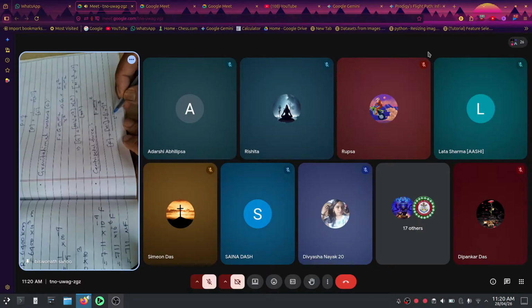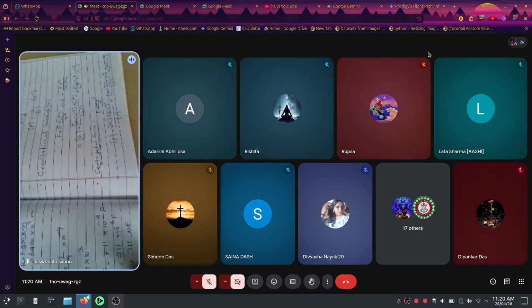Radius is L1. So the final expression becomes m1, then here L square. Okay, let me write everything. So L2 T minus 2, then L1 T minus 2. You get the same?